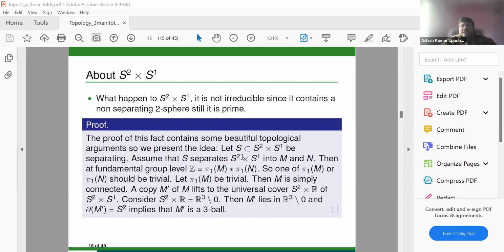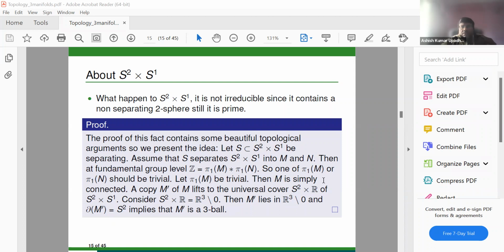Because a sphere is simply connected, and for S1 the fundamental group is Z. So on the left hand side you will have Z, and on the right hand side you will have the connected sum of M and N, which gives a free product of two groups, pi 1 M and pi 1 N. Because Z is also a free group, one of pi 1 M or pi 1 N must be trivial. So let the first component, pi 1 M, be trivial.